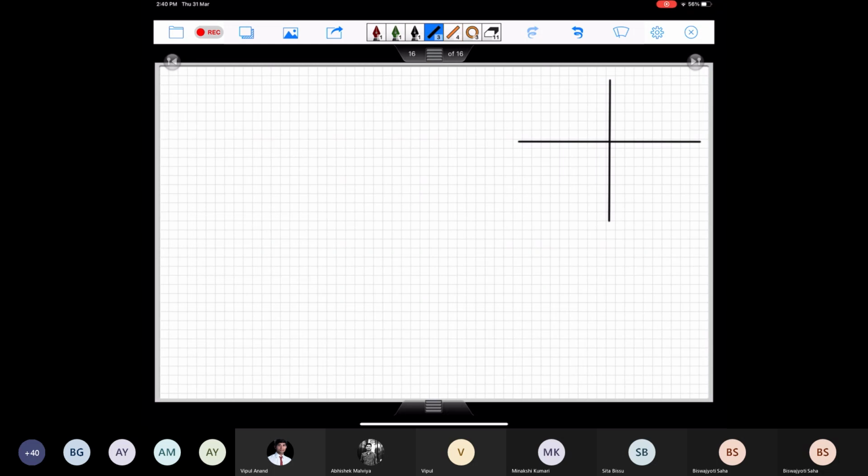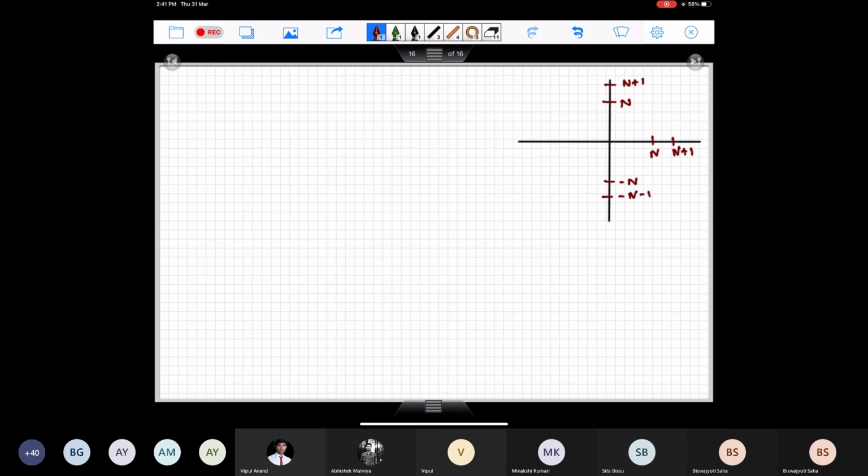What I do is mark certain points. Let's say this is n, and this is n plus 1. Similarly, this is minus n, and this is minus n minus 1.